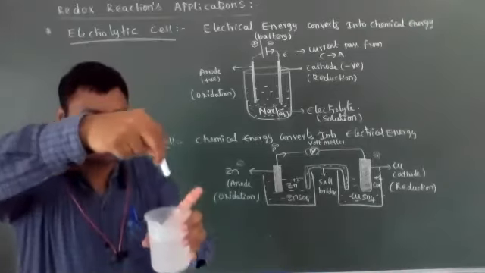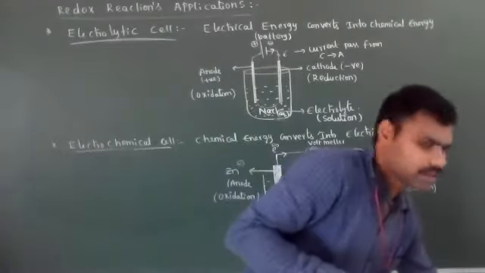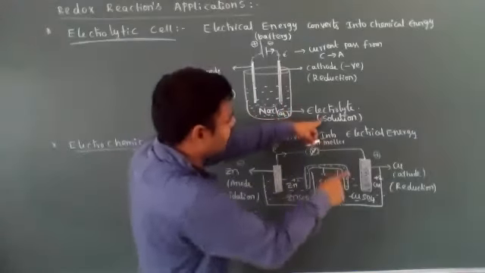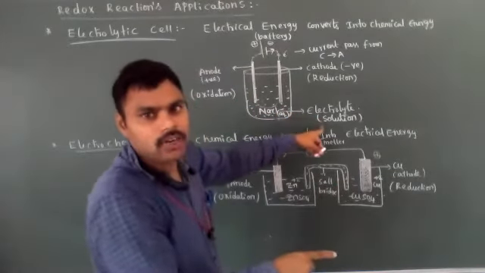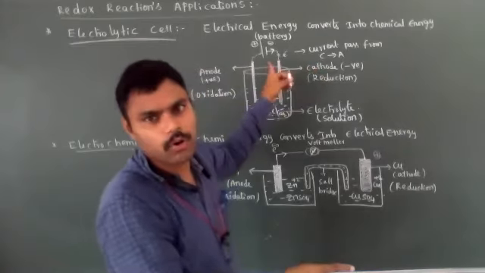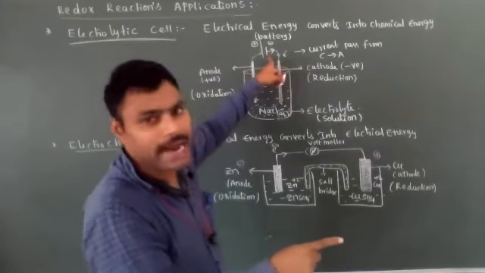Two electrodes we are dipping in that NaCl solution. The NaCl solution acts as the electrolyte. One electrode is the anode, the second one is the cathode, and both are connected with a battery.